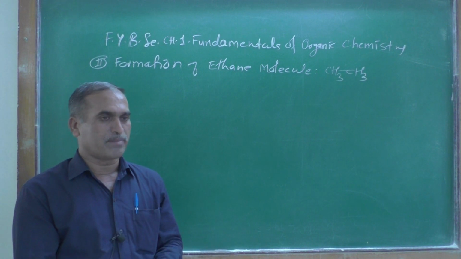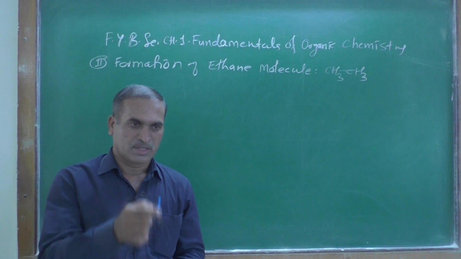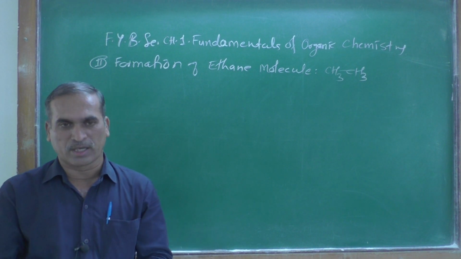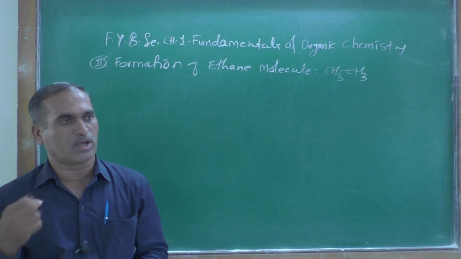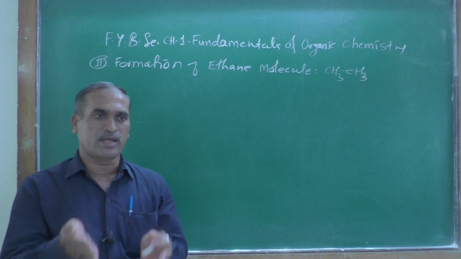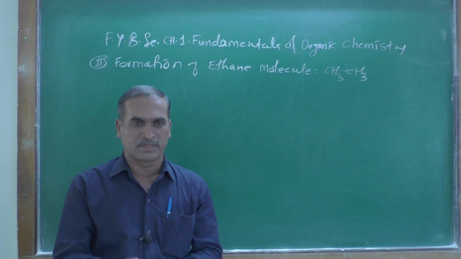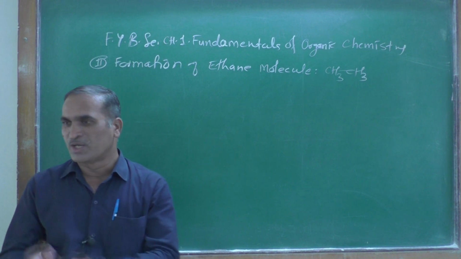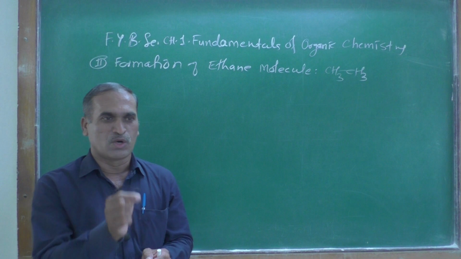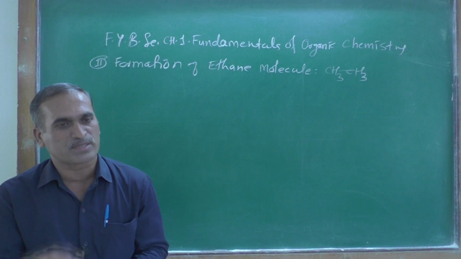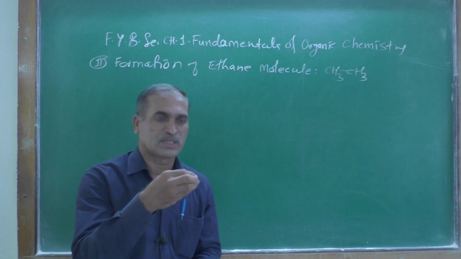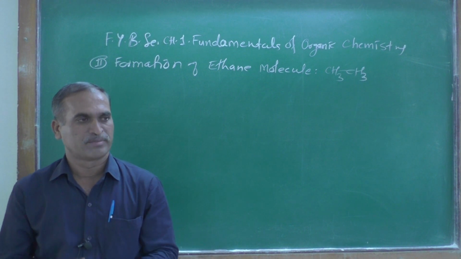So yesterday, by using s and p orbitals only. There are so many atomic orbitals, like s orbital, p orbital, d orbital and f orbital. Out of that, at F.Y.B.Sc level, we are going to learn only the two orbitals which are useful as far as organic compounds are concerned.